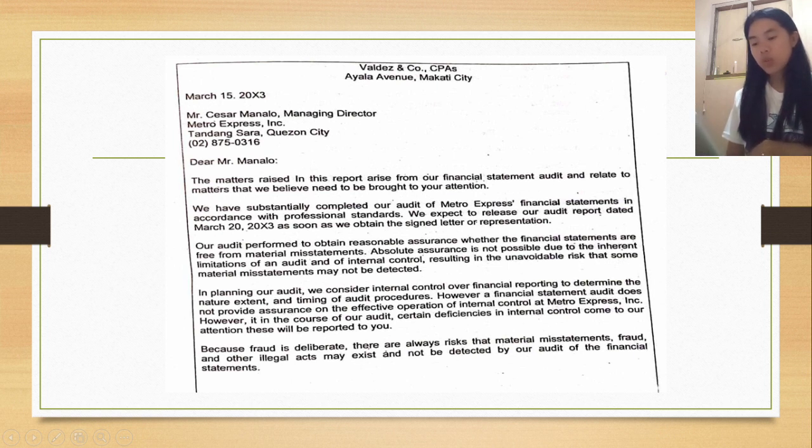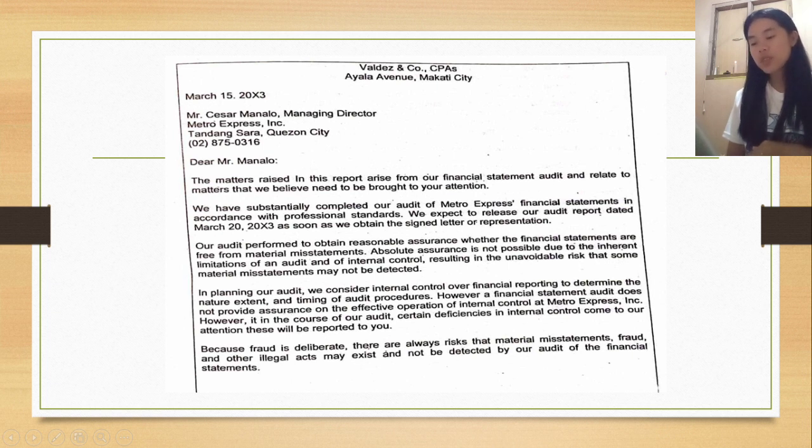What it says here is: Dear Mr. Manalo, the matters raised in this report arise from our financial statement audit and relate to matters that we believe need to be brought to your attention.